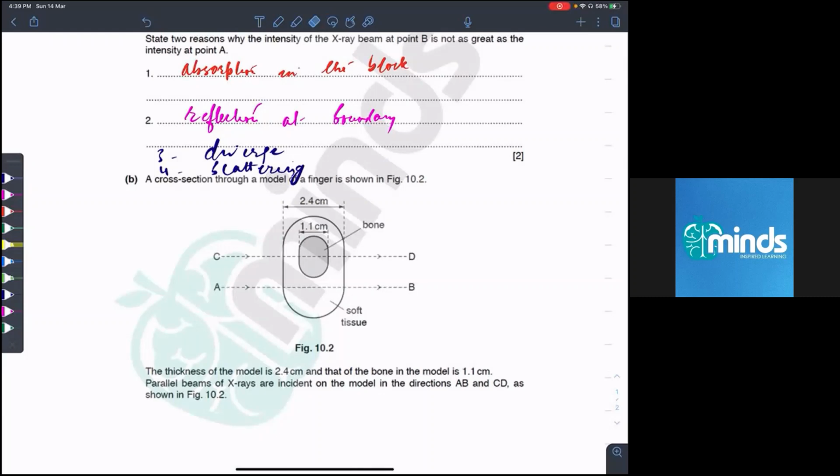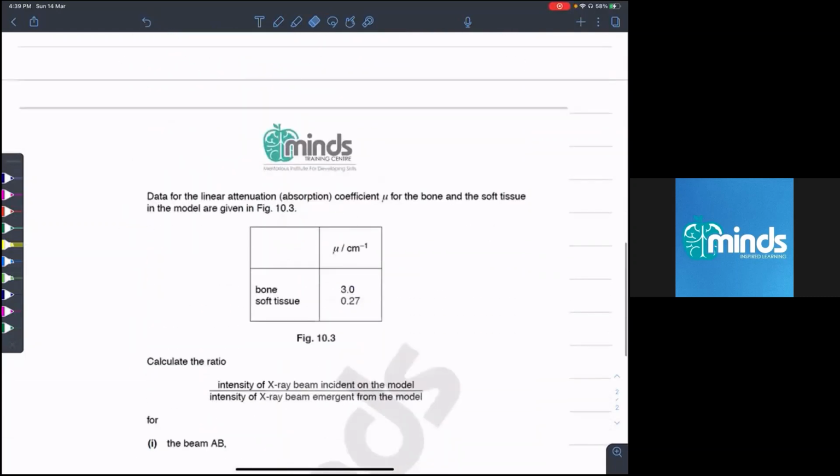Parallel beam of X-rays are incident on the model in the directions AB and CD as shown in figure 10.2. Data for the linear attenuation absorption. I hope we remember this equation. I, the intensity of transmitted X-ray, is I naught, the intensity of incident X-ray, times e raised to minus mu x, where mu was the absorption coefficient and x was the thickness.